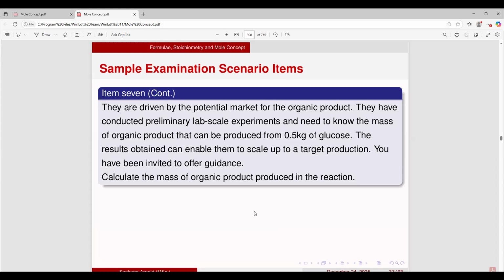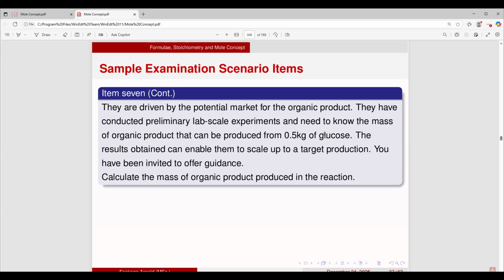Therefore, what do they want? They are driven by potential market for the organic product. They have conducted preliminary laboratory scale experiments and need to know the mass of organic product that can be produced from 0.5 kilograms of glucose.